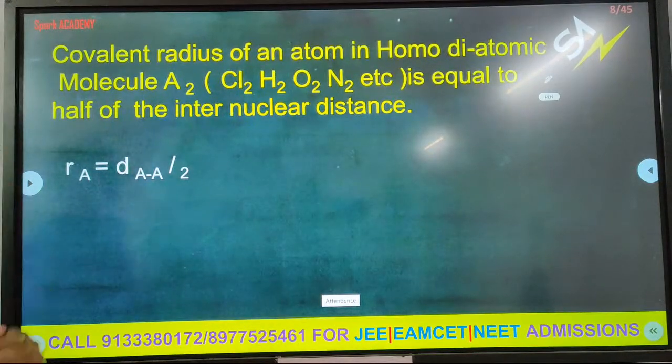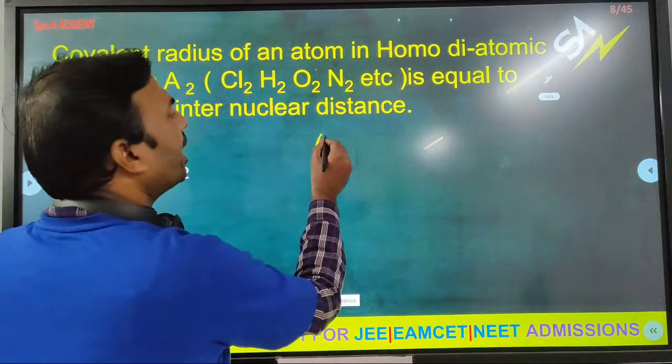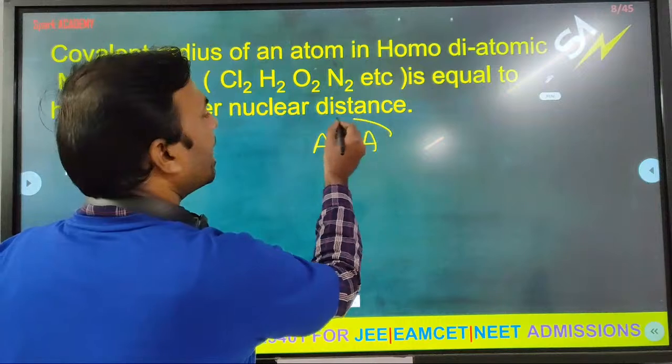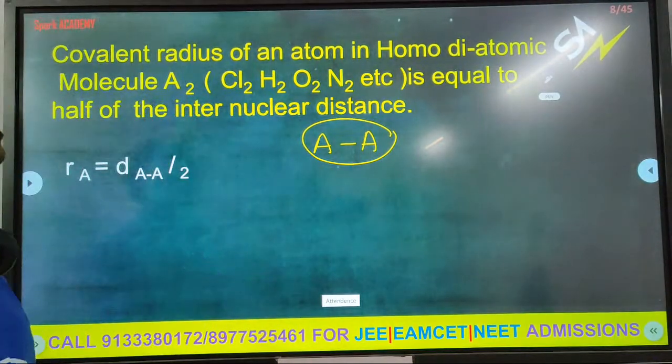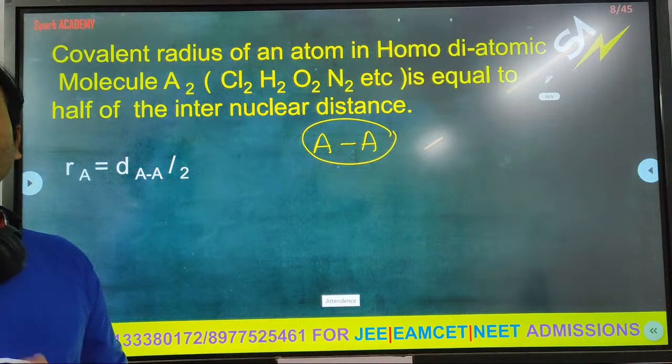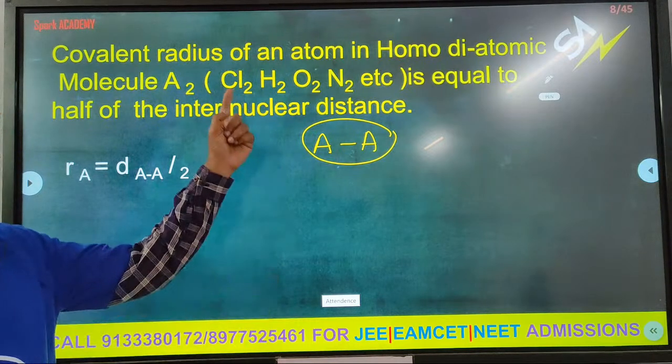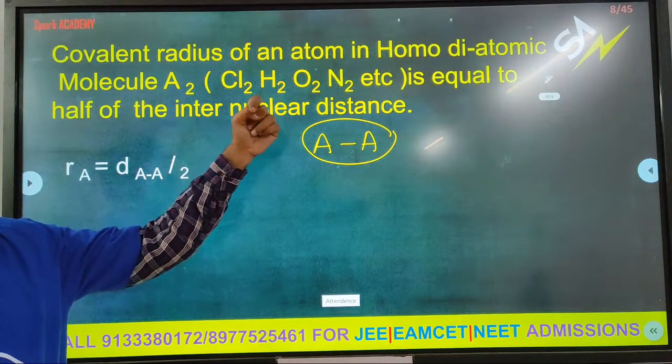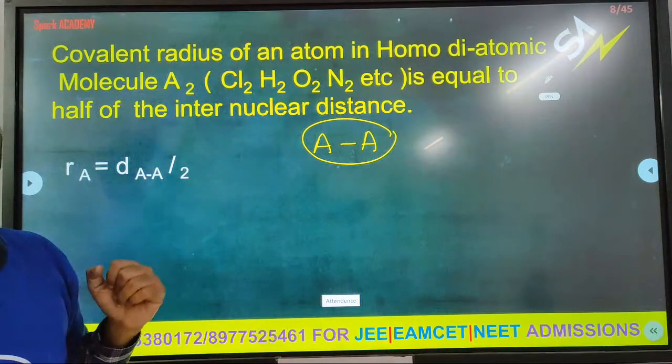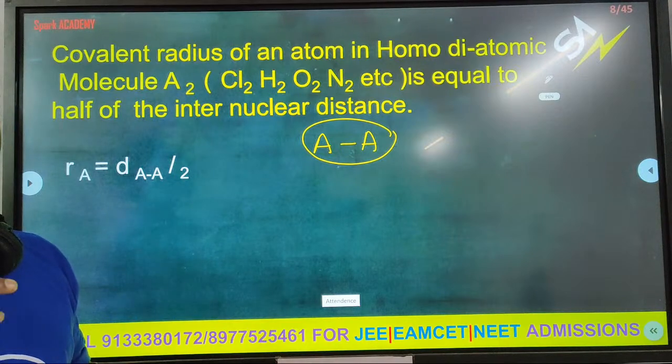Now, statement number 1. The covalent radius of an atom in a homodiatomic molecule. For example, the same elements, the same atoms, are present in the covalent molecule. Such a covalent molecule is called a homodiatomic covalent molecule. Examples: chlorine, hydrogen, oxygen, nitrogen. These are made up of the same type of atoms.